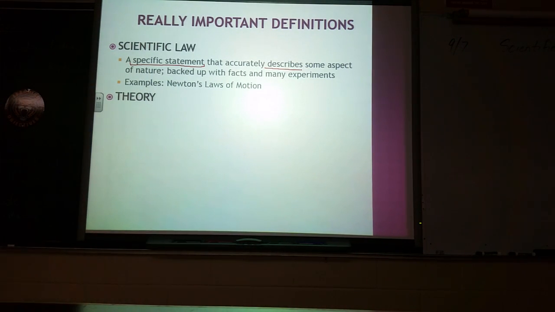How do we normally use the word theory? It means you have an idea. That is not what a scientist means when they have a theory. If they have an idea, it's probably more of a hypothesis.